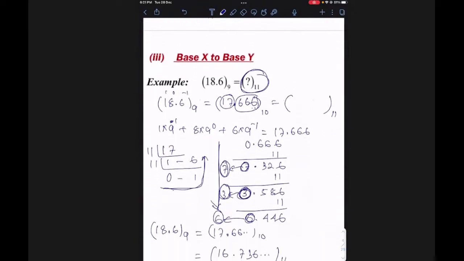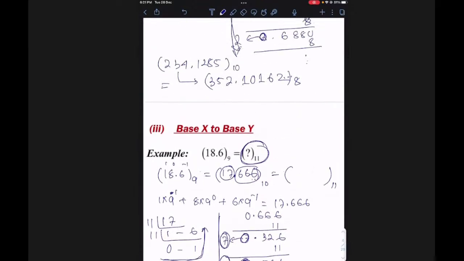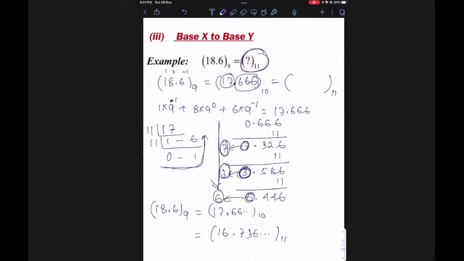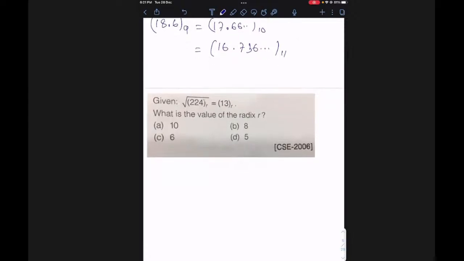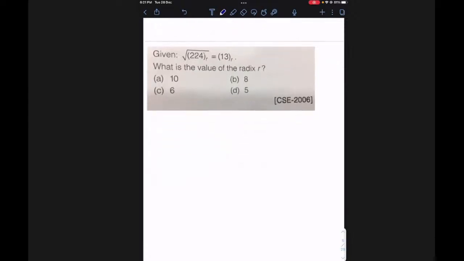So these are the questions which are based on number system conversion. Such kinds of questions in the GATE exam have been asked and will be asked. This is also one of the frequently asked questions, and this question was asked in the Civil Service Examination 2006. Now, what is the question?